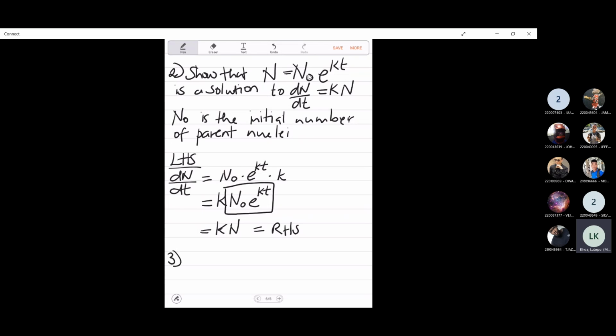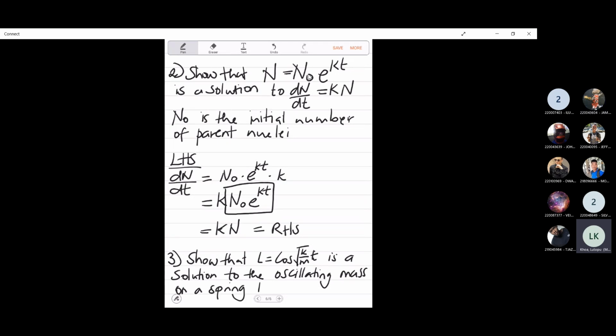And number 3, show that L equal to cos of the square root of k over m times t is a solution to the oscillating mass on a spring differential equation.